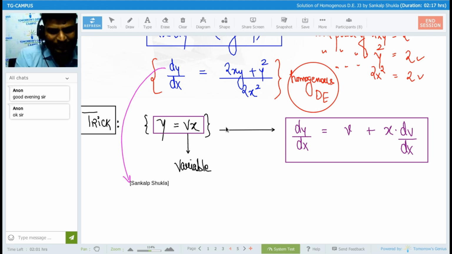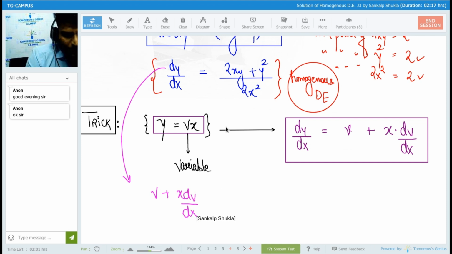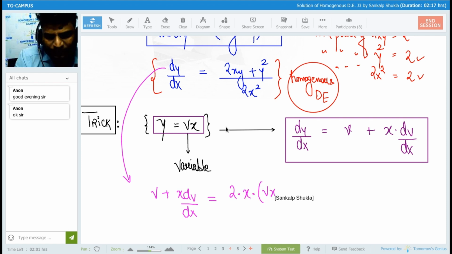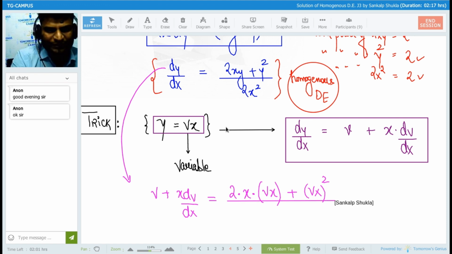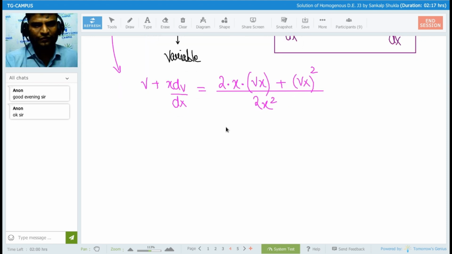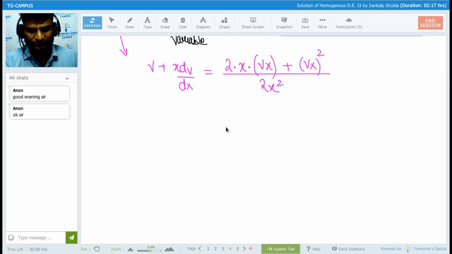Okay. So now I have to solve this question. So instead of dy by dx, I will be writing v plus x dv by dx is equal to 2xy. So 2 into x into, instead of y I will write vx, plus instead of y I will write (vx) whole square, and we have to divide it by 2x square. Now we are going to solve from this side.